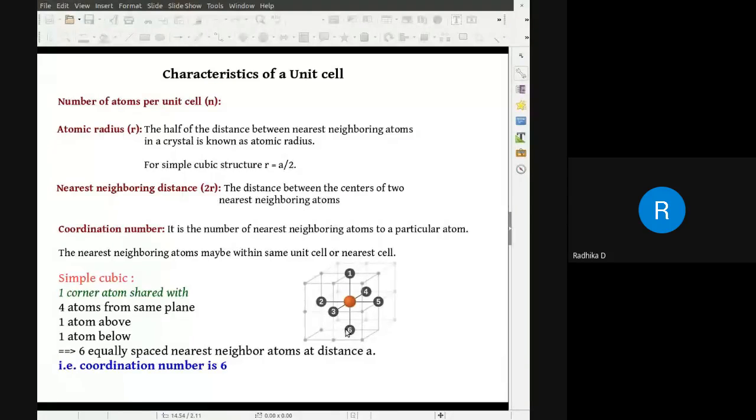This is a simple cubic structure. The entire crystal structure is made of simple cubic systems. So I considered one atom and I find how many are there nearest to it, and I get coordination number 6. It's known as coordination number, the number of nearest neighboring atoms existing with respect to a particular atom.